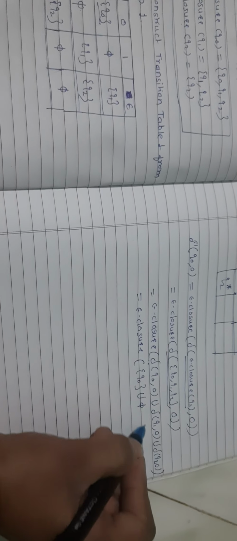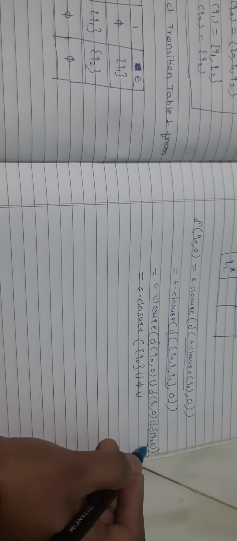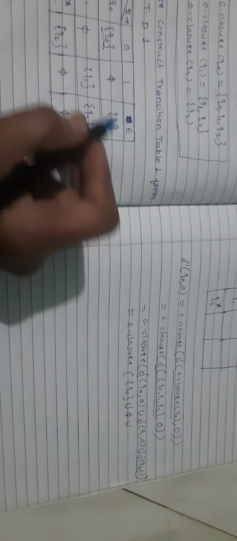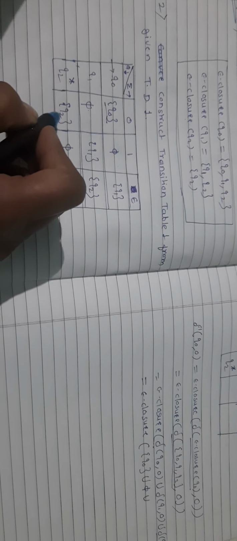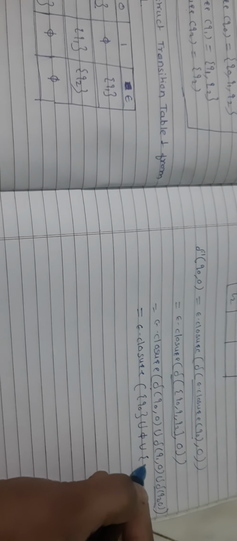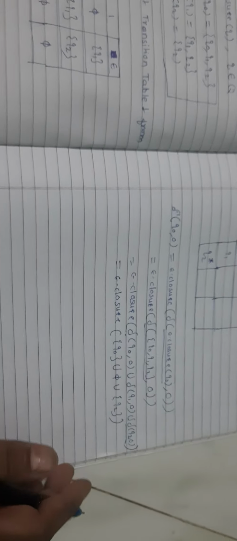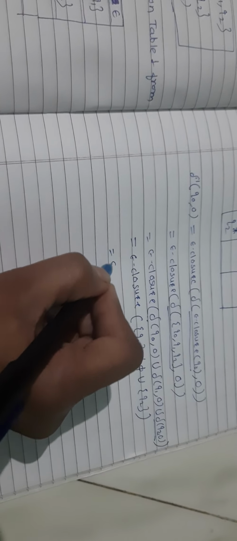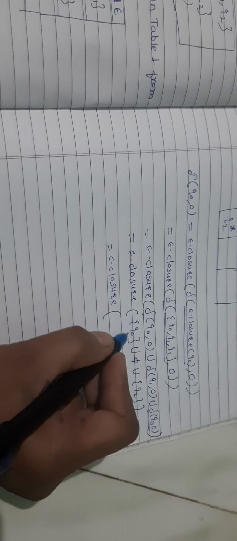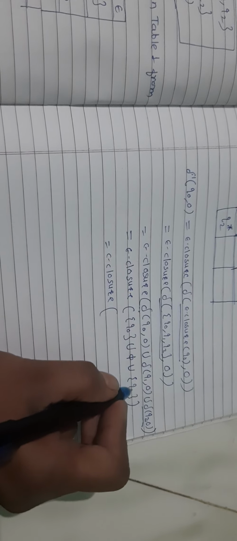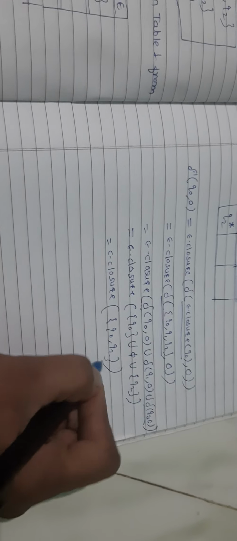So write here phi union delta of Q2 0. What is the answer? Q2. Write that here. Then get the union: epsilon closure of Q0 union phi union Q2. It is nothing but Q0, Q2.